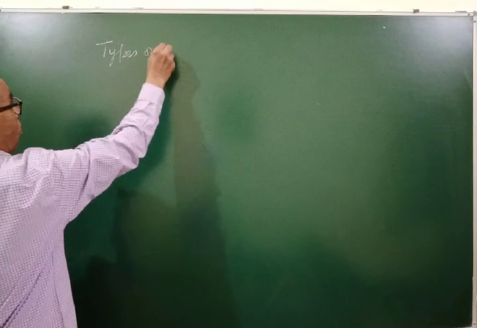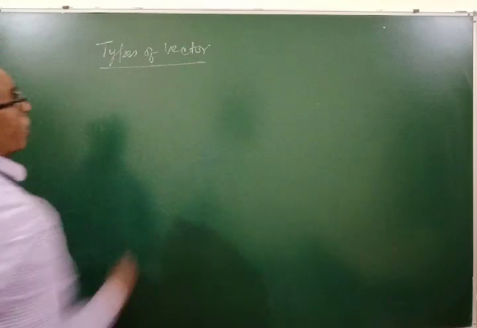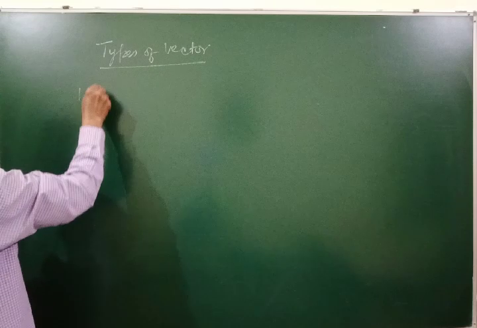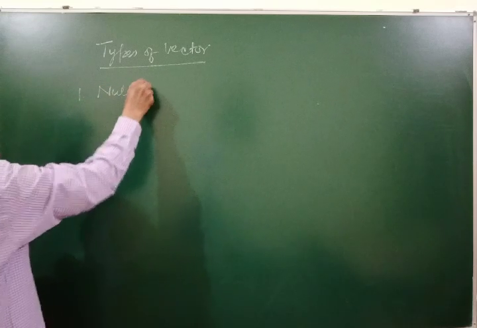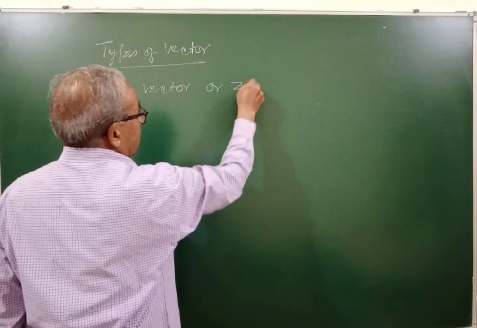Now, types of vectors. There are kinds of vector. First of all, I will take the null vector, or zero vector.